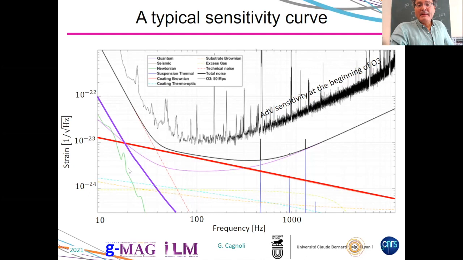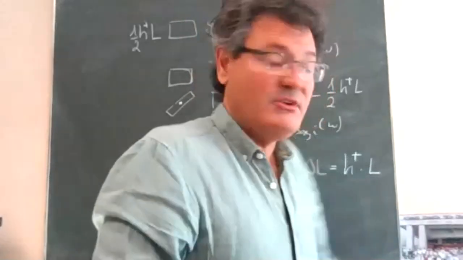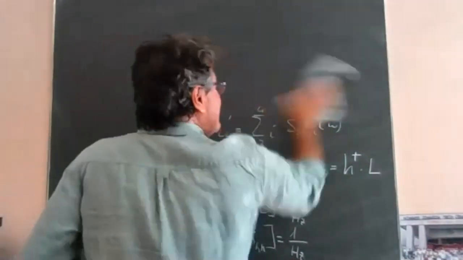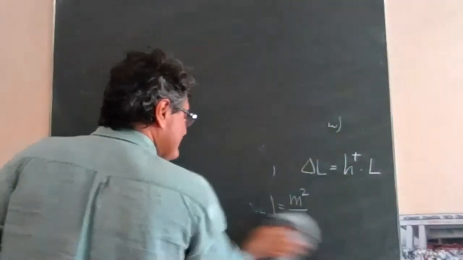These are our two noise contributions. Let me stop sharing the screen because I want to add some more information about these two noises, the general characteristics of this noise.